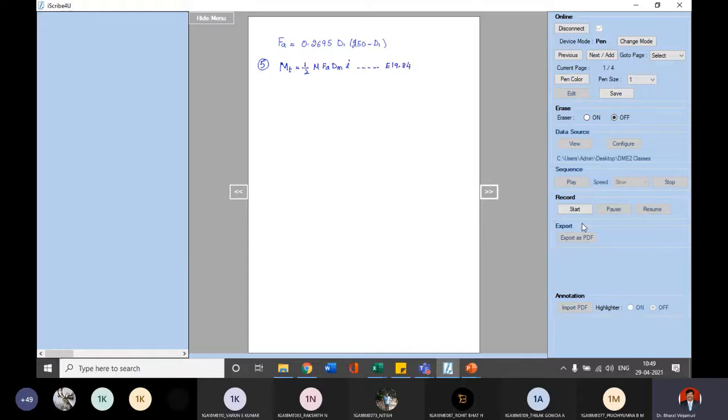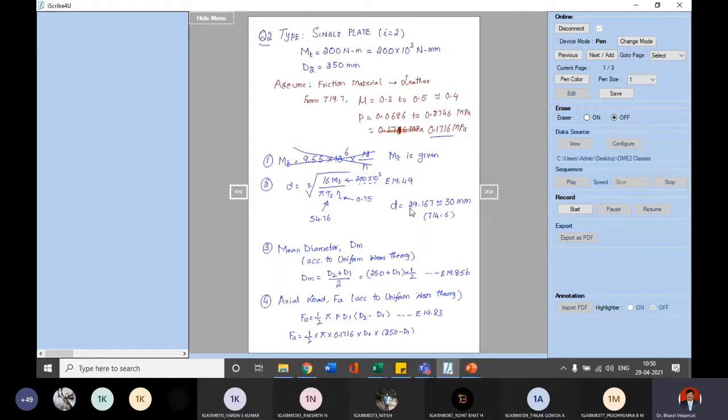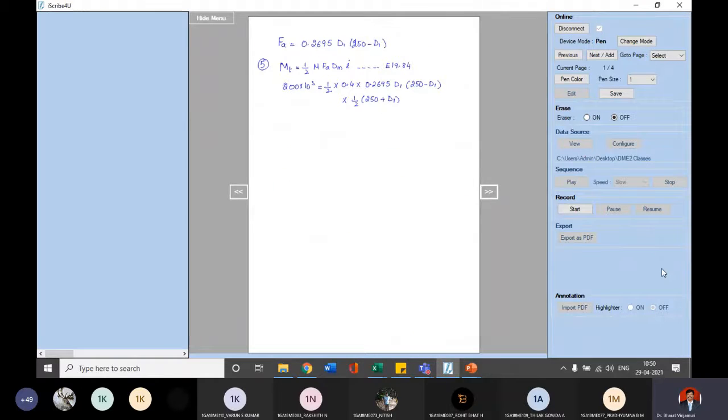MT is given in the numerical as 200 into 10 power of 3, equal to half, mu I have taken from the data handbook as 0.4, FA is 0.2695 D1 into (250 minus D1), multiplied by DM, which is 1 by 2 into (250 plus D1), multiplied by i, which is 2.